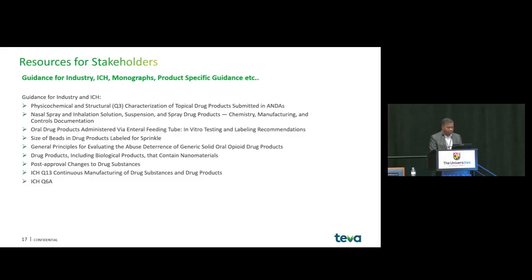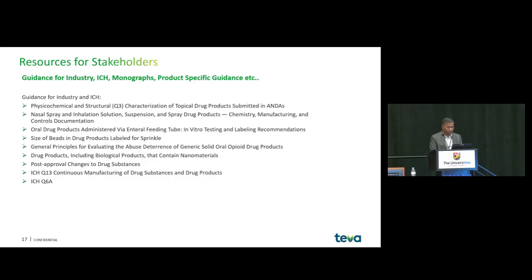We have the nasal spray and inhalation solution, suspension, and spray dry products, chemistry, manufacturing, and controls documentation. We have the guidance on oral drug products administered via enteral feeding tube, in vitro testing, and labeling recommendations. And this also talks about particle sizing required, especially for pellet products and size of beads in drug products labeled for sprinkle.